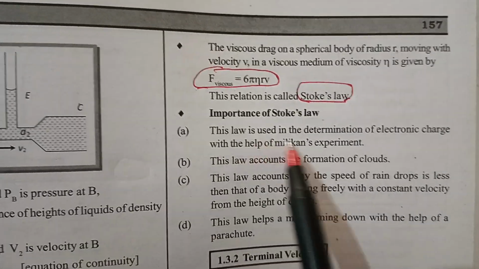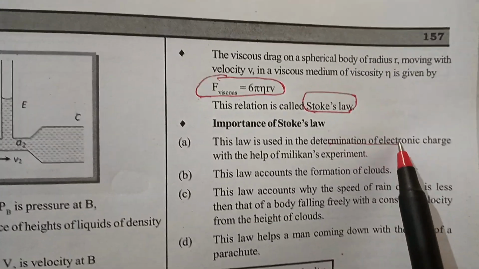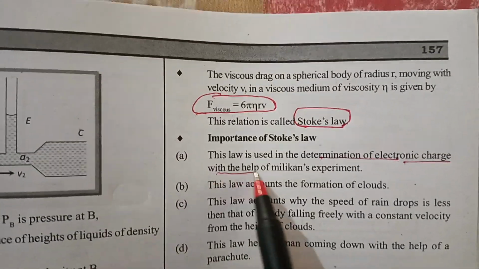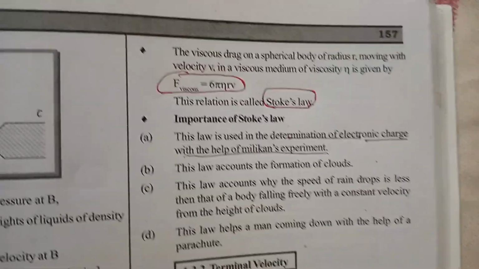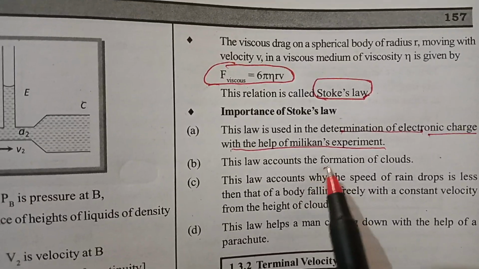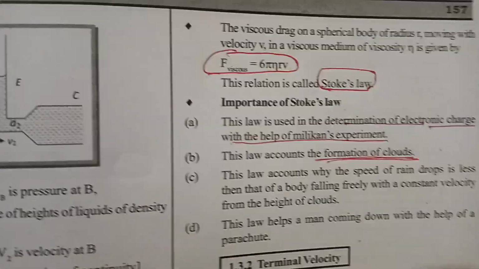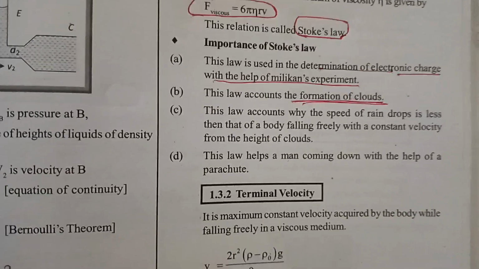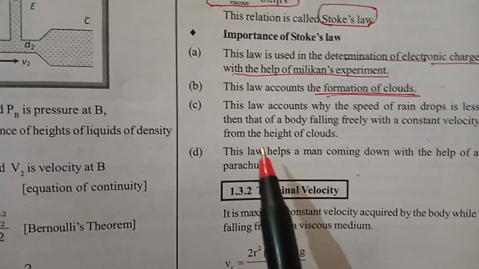देखिए बेटा, this law is used in determining the electronic charge with the help of Millikan's experiment. Second, this law accounts for formation of clouds. जो clouds बनते हैं वो भी स्टोक्स लॉ पे डिपेंड करता है फिनोमिना.